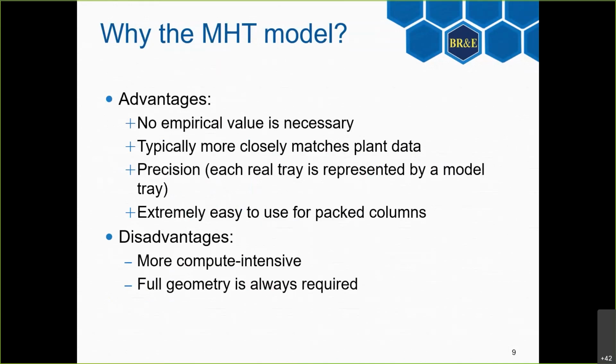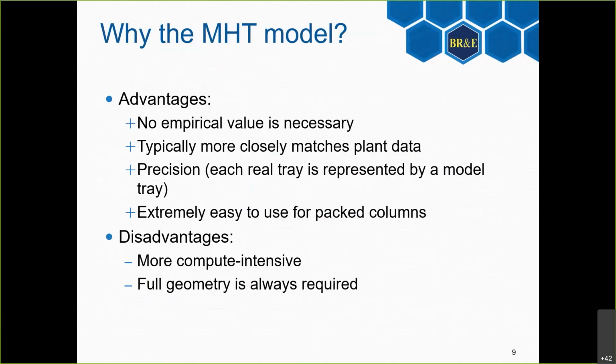That's the reason why you can better investigate temperature profiles, composition through the column, etc. You're also getting more information about the mass transfer rates and mass transfer coefficients. Generally, you're going to get more information and better precision.